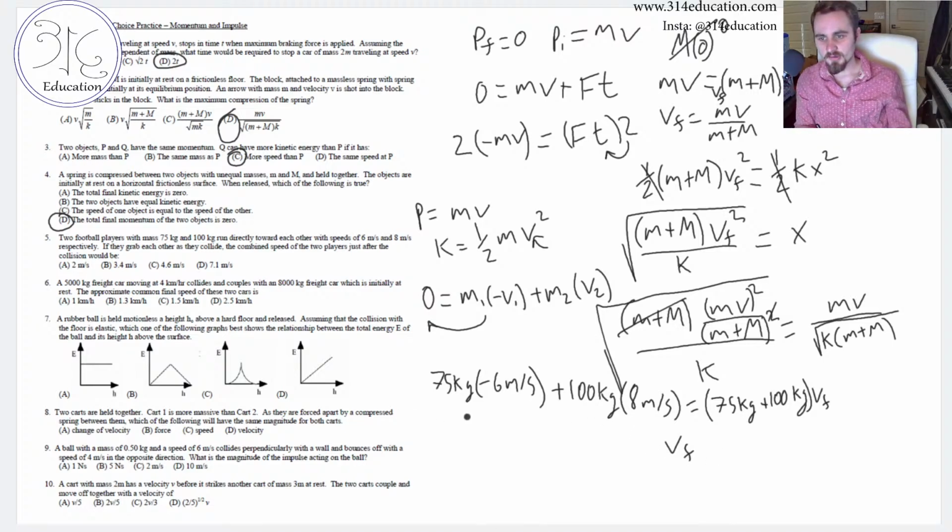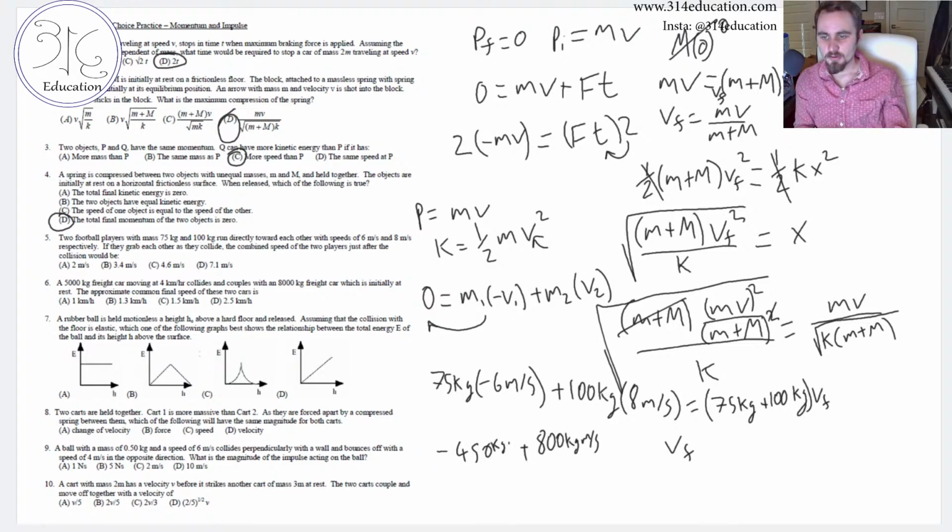And so we've got 100 times 8, so we have a positive 800 kilograms meters per second. And then we have a negative 6 times 75, which, 150 times 3 is 450.